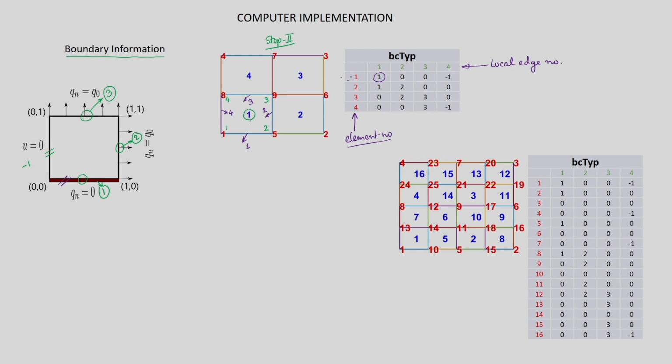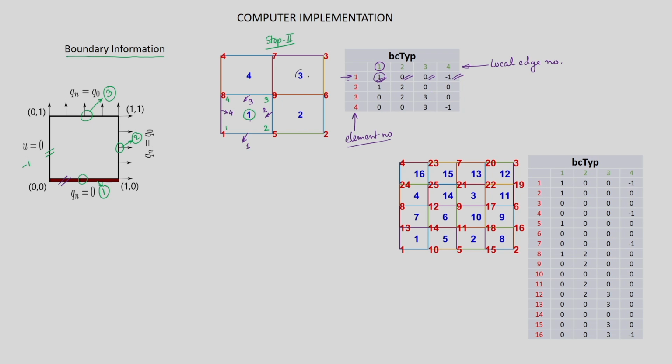If you go to the first element, the first edge coincides with Neumann boundary 1, so the number is 1. First element, second edge is an internal edge, so it is 0. First element, third edge is also an internal edge, so it is 0, and the fourth edge coincides with the Dirichlet boundary, so it is -1. Similarly, it has been stored for all other elements.